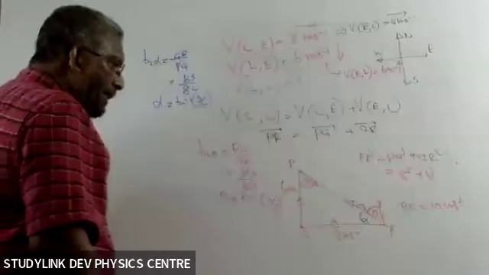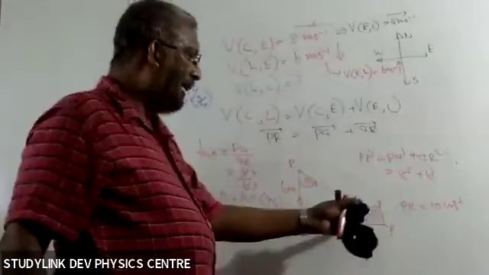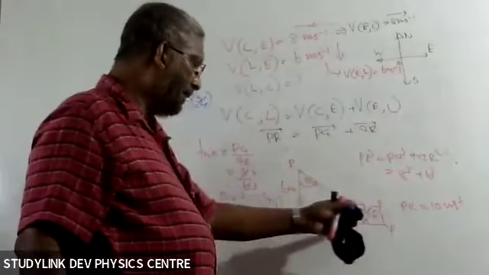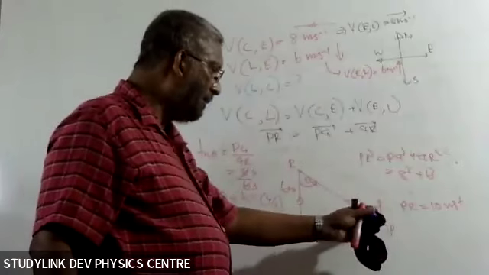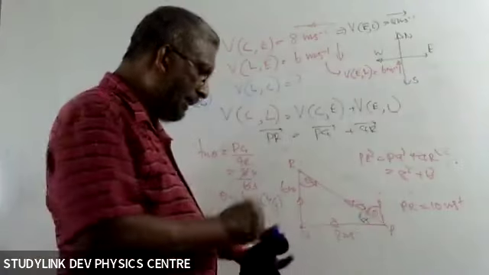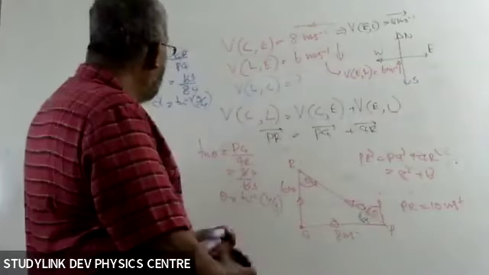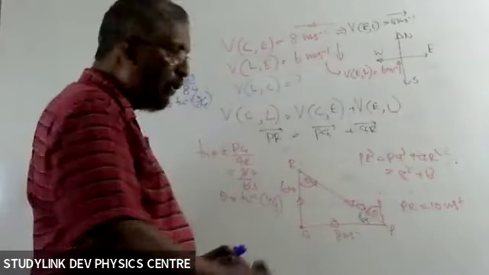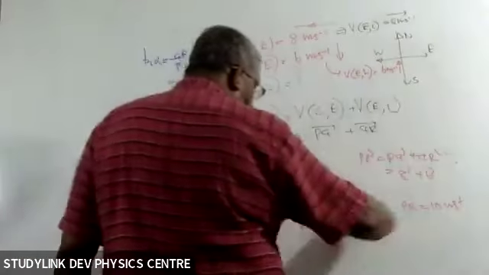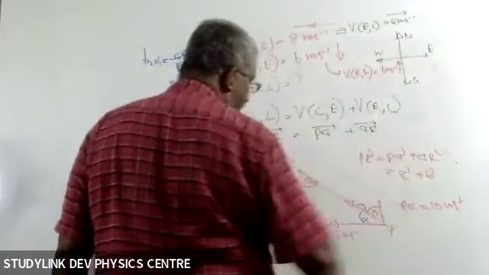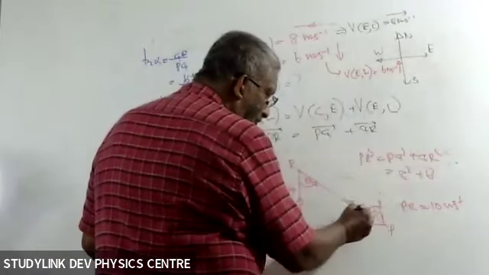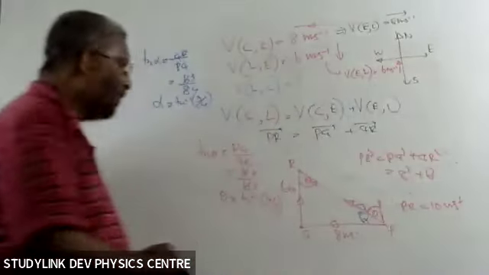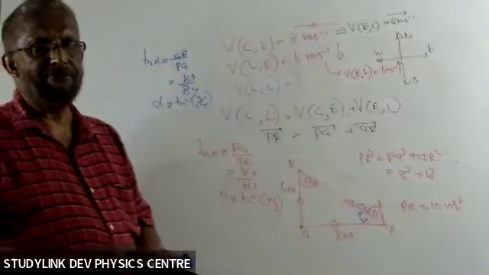So the relative velocity is equal to 10 ms minus 1, making an angle of tan inverse 3 by 4, not 4 by 3, from west to north. Both answers are correct.